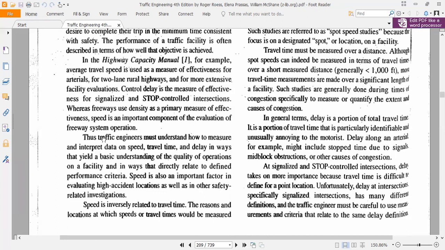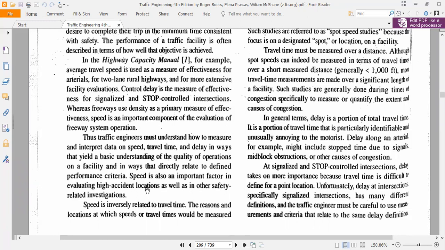Now, the book says that traffic engineers must understand how to measure and interpret data on speed, travel time, and delay in ways that yield a basic understanding of the quality of operation on a facility and in ways that directly relate to defined performance criteria. Speed is an important factor in evaluating high accident locations, because accidents usually occur when vehicles are moving at high speed.